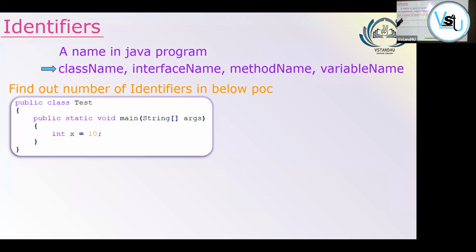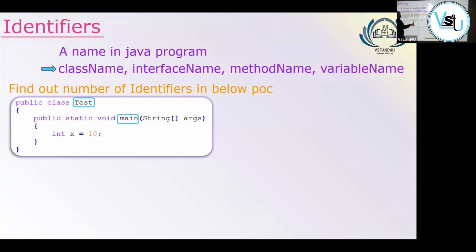First is the name of a class. Those who said 3, I want to ask them: one is class name, then x variable name, and main method name. This is also what? Name of string array type. We will discuss this. So first is a class name, Test. Second is a method name, main.